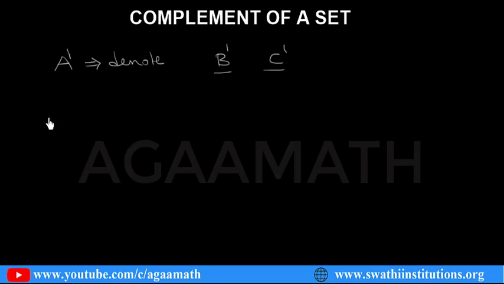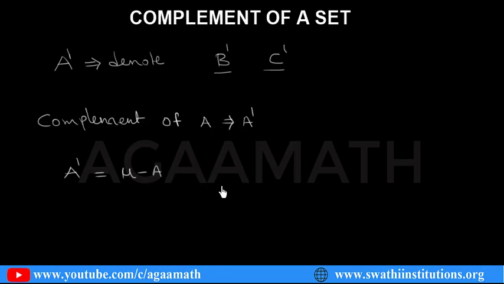Then what operation do we have to do for the complement of a set? Complement of A is nothing but mu minus A. We have already learned the difference of sets in the previous videos.